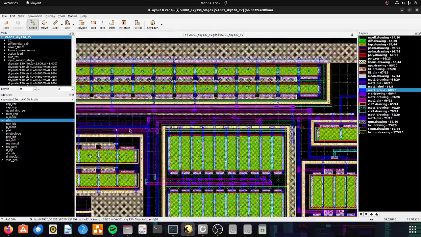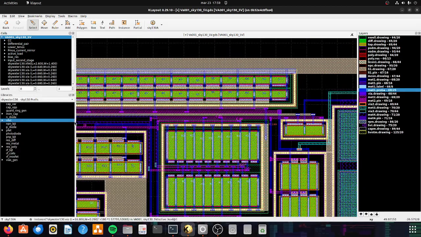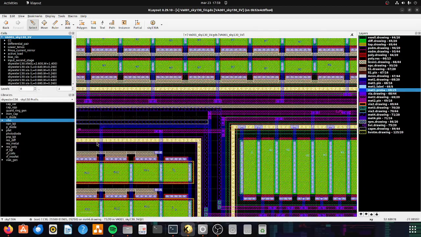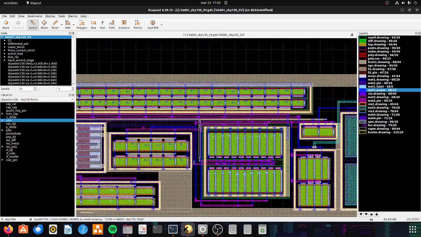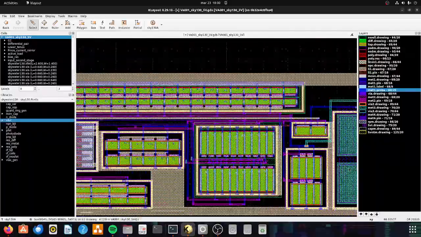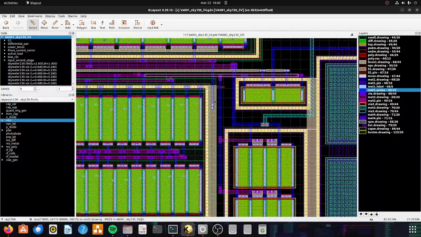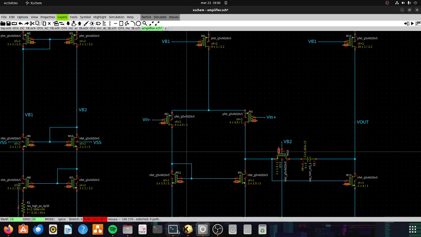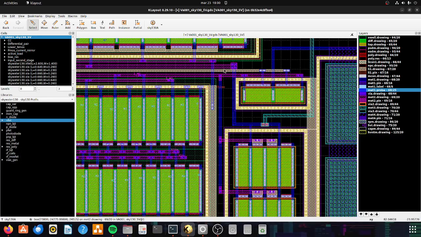Then we have the current path of the transistor that is not connected to the gate, which is the output of the first stage, right here. It will travel to the gate of the input transistor of the second stage, as we saw here, and will connect to the drain of the transistor in the triode region.